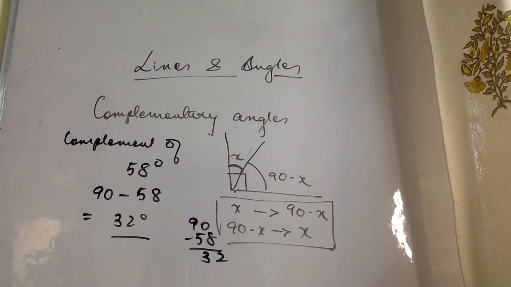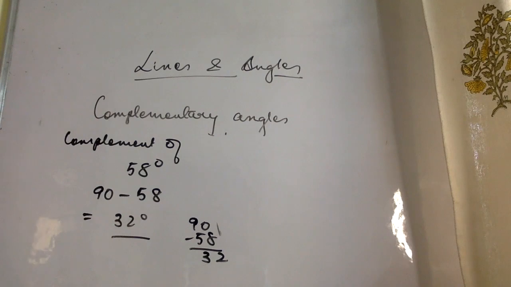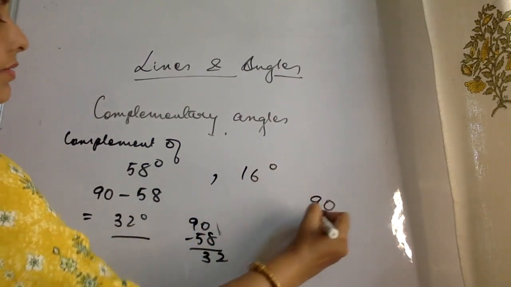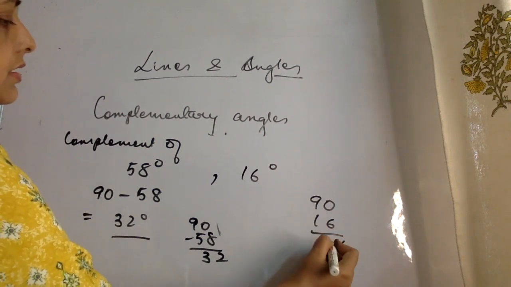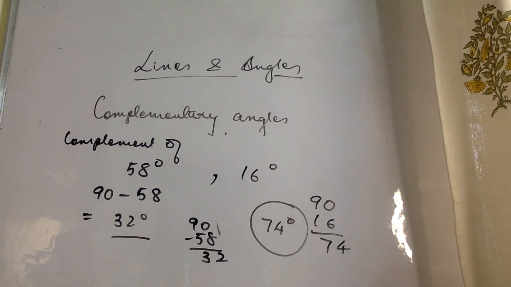Now let me take up another question: find the complement of 16 degrees. Again, 90 minus 16, which is 74 degrees.